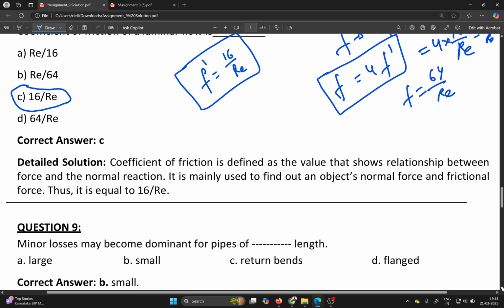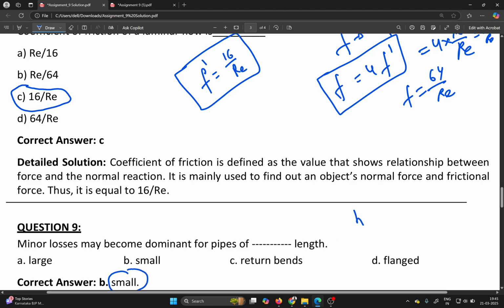Here the question is visible, the answer is visible also. The minor losses may become dominant for a pipe of small length. If your pipe is small, then minor losses will be dominant. Why?